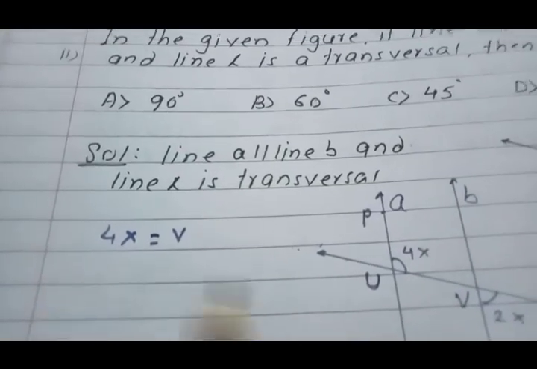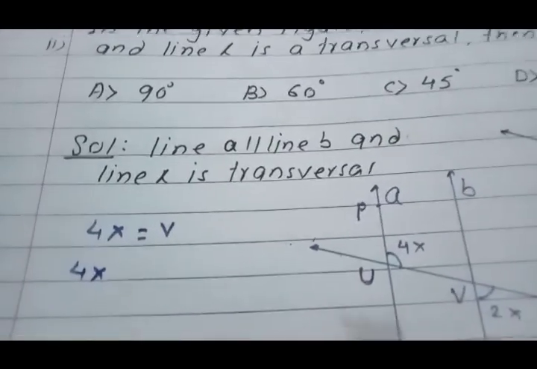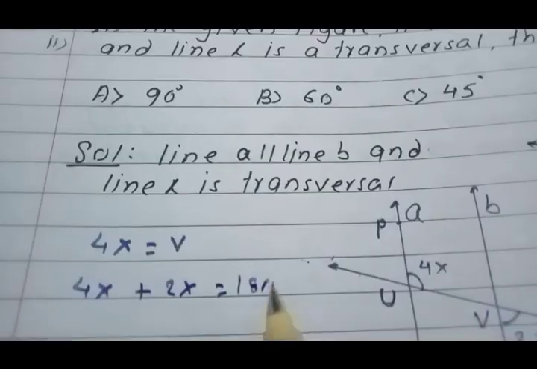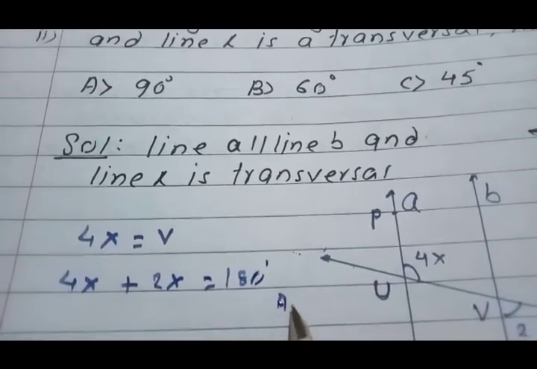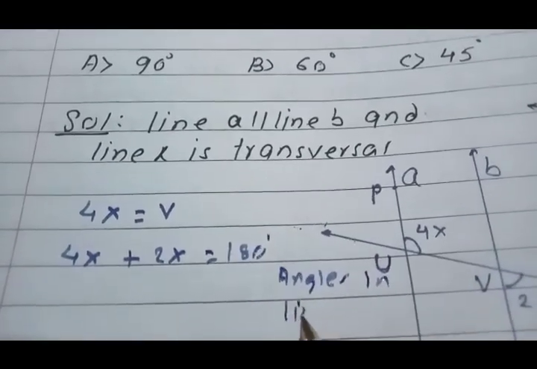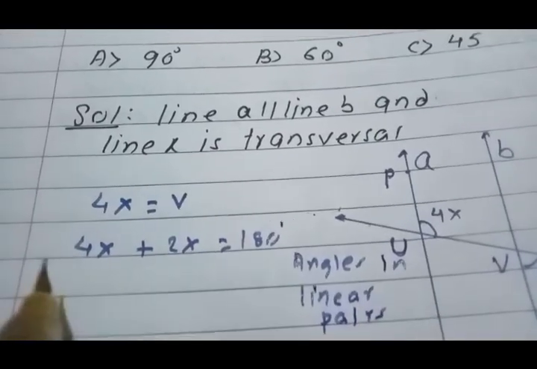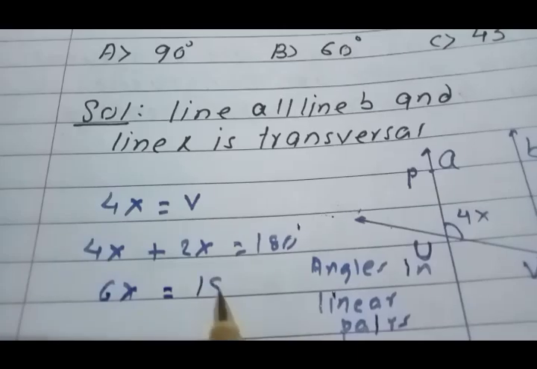So here 4X plus 2X equal to 180. Reason: angles in linear pair. So 4 plus 2, 6X equal to 180.